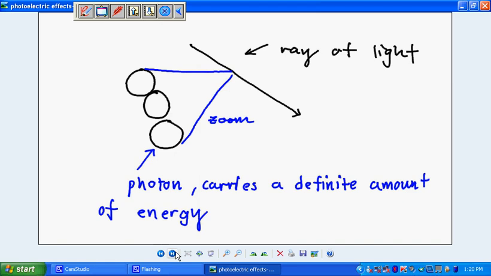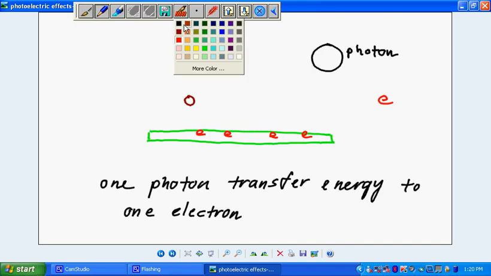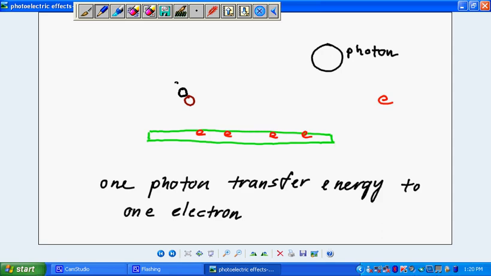So let's revisit the situation. We have streams of photons coming in and striking the surface. Actually, there are many photons going to strike the surface, but the photon works on one principle. One principle is one photon transfers energy to one electron, on a one-to-one basis.